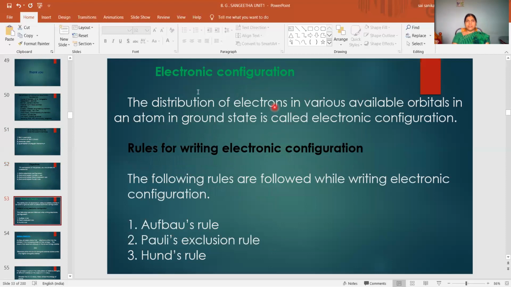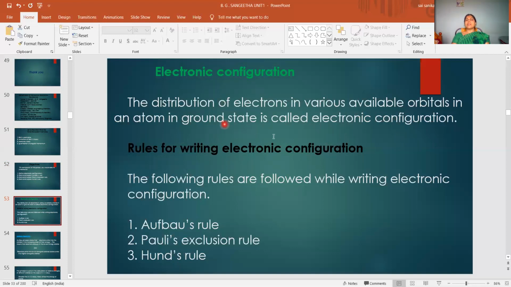First, come to electronic configuration. What is meant by electronic configuration? The distribution of electrons in various orbitals in an atom in ground state is called electronic configuration.